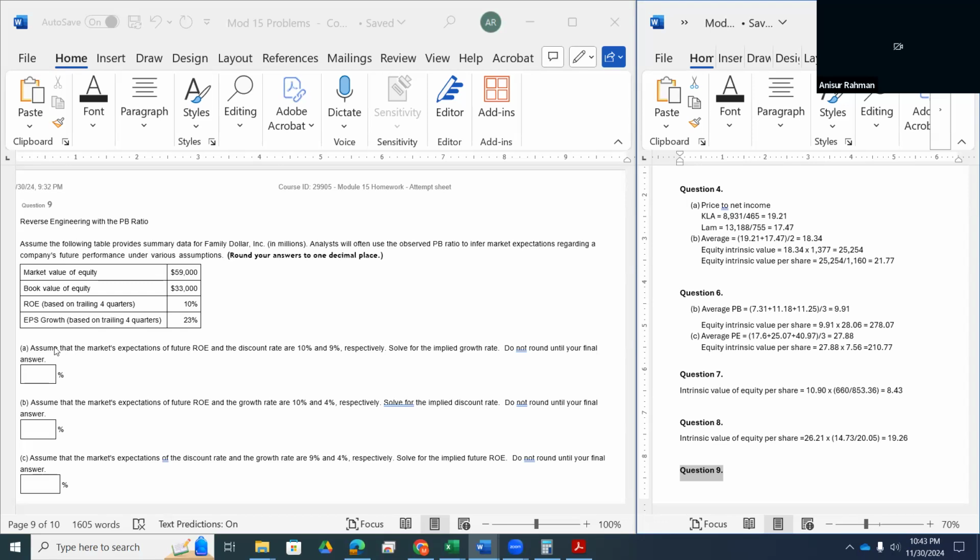For part A, assume that the market's expectation of future ROE and discount rate are 10% and 9% respectively. Solve for the implied growth rate. Do not round until your final answer.